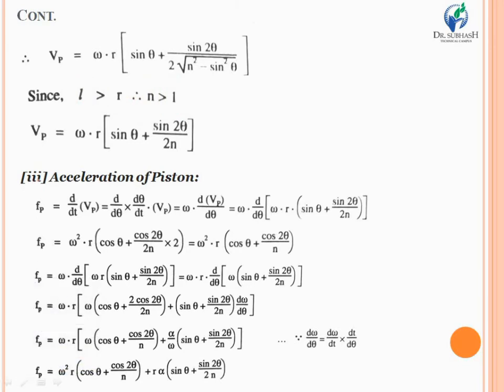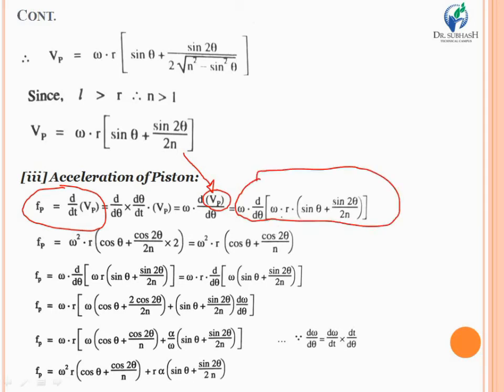Similarly, you can also determine the acceleration of the piston. You just have to put the values of the velocity in the acceleration equation. So over here, just put the values of Vp that we have already derived in the previous relation. By putting that value, ultimately you get the final relation: omega into d upon d theta of (omega into r sin theta plus sin 2 theta upon 2n).